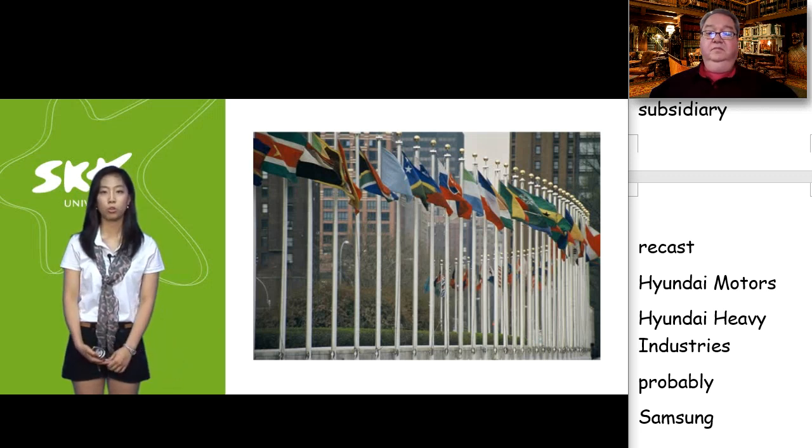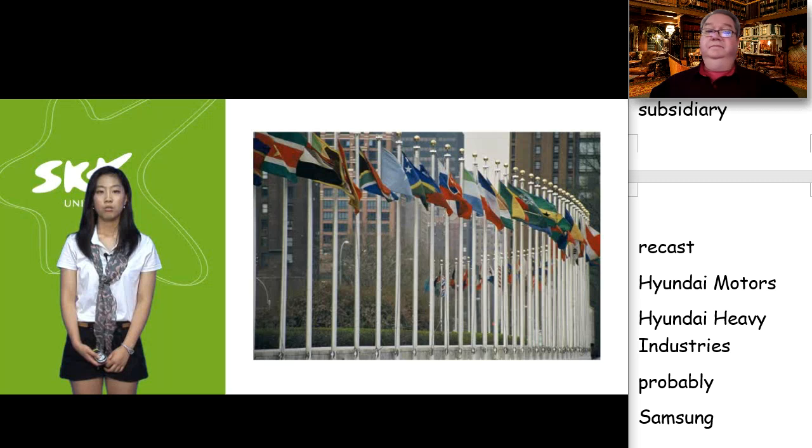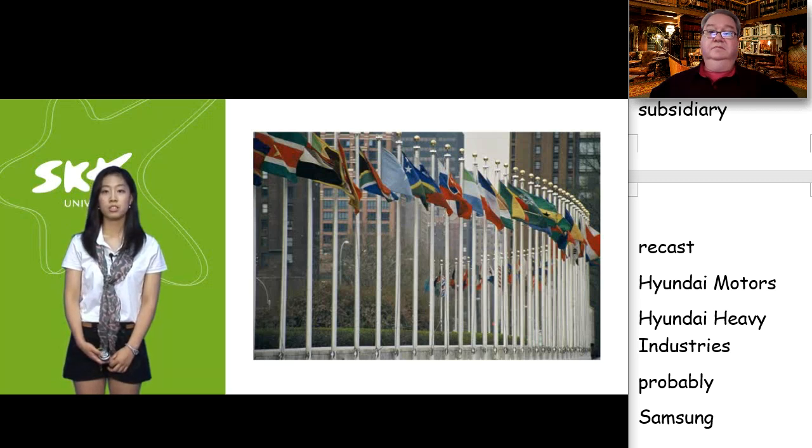Point 1. First, I discussed Korea's geographical importance. Remember that it is located between large industrialized, political, and economic powerhouses. Point 2. Second, I examined the strength of South Korea's economy.